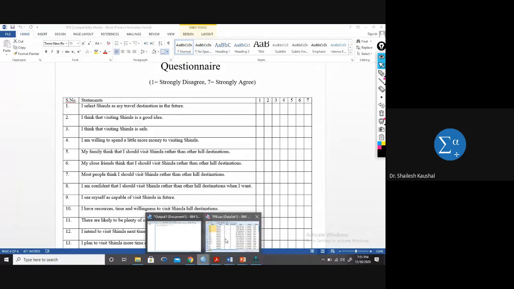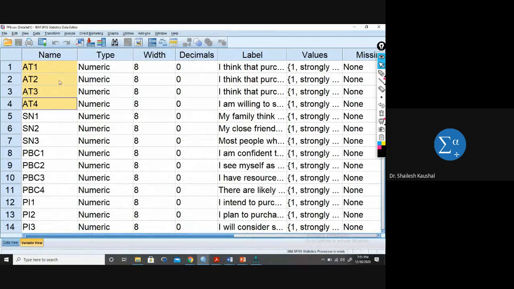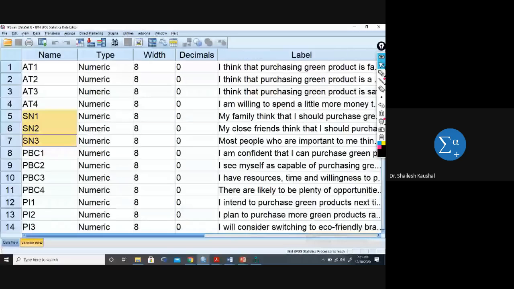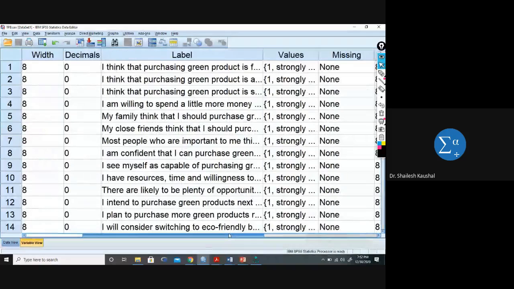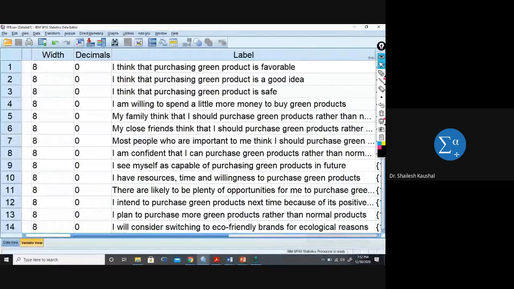So these are the 4 questions, and all of them are related to attitude. The second construct is subjective norm. I have written SN1, SN2, and the full questions you can see here. I have pasted the full questions in labels. So these are my questions.